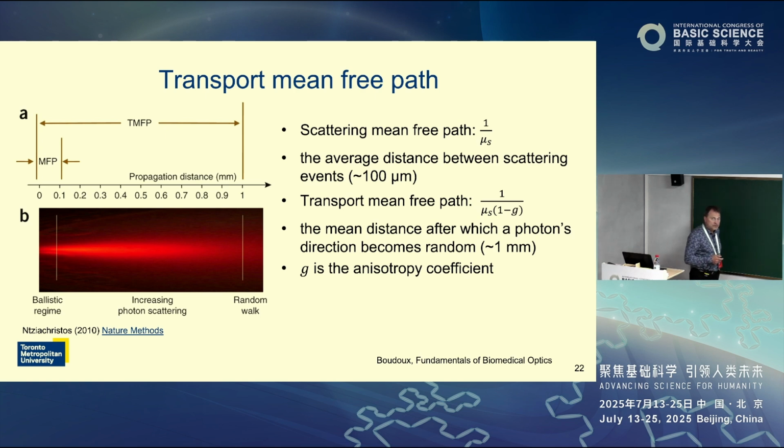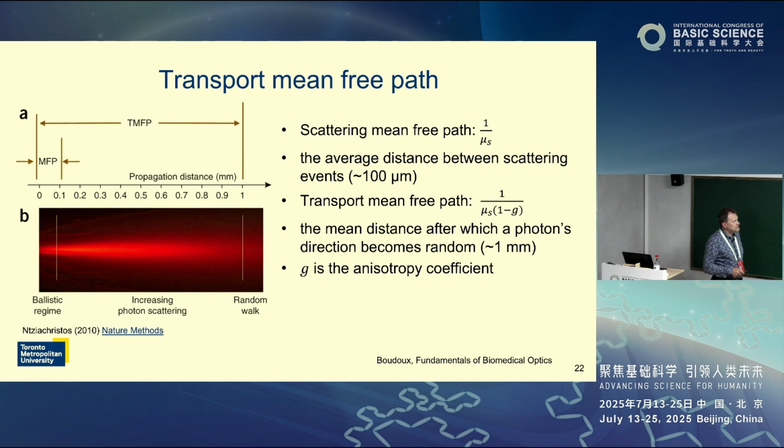And an important parameter is what's called the transport mean free path. There are two parameters to characterize the scattering properties of biological tissue or any type of object. One is the scattering mean free path, which is the mean distance between two scattering events, and the other is the transport mean free path.